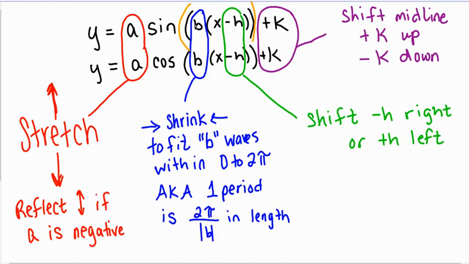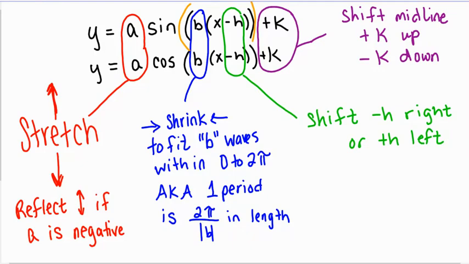That multiplier on the inside, b, is going to shrink it from left to right. It's like you're squeezing the sides of it, right? It's going to make it so that you can fit b number of waves within that 0 to 2 pi original period length. So in other words, one period is going to be 2 pi divided by the absolute value of b in how long it is, in its length.